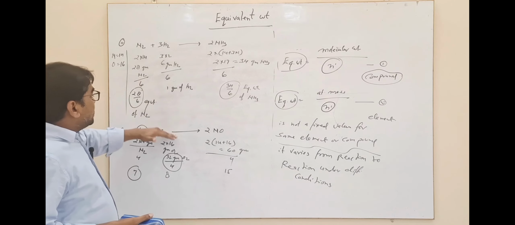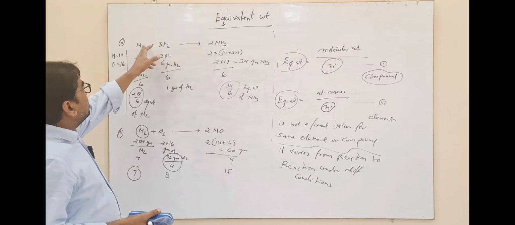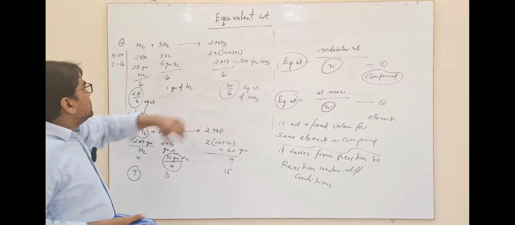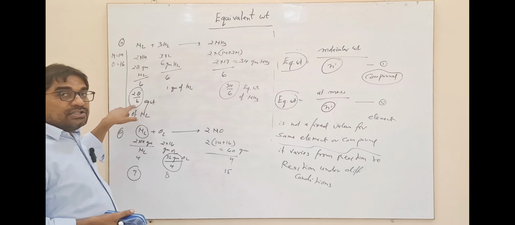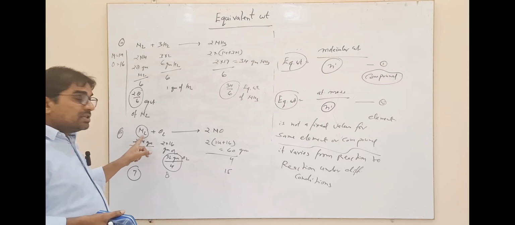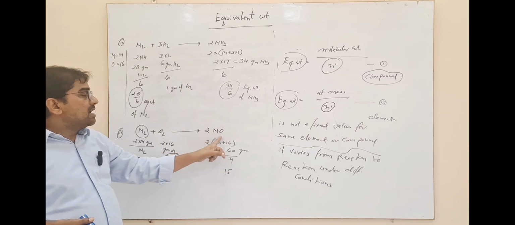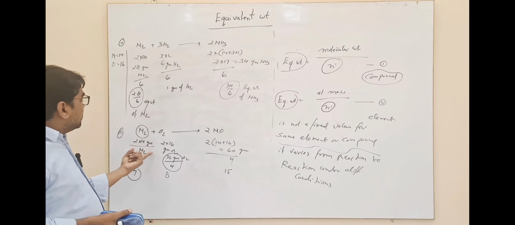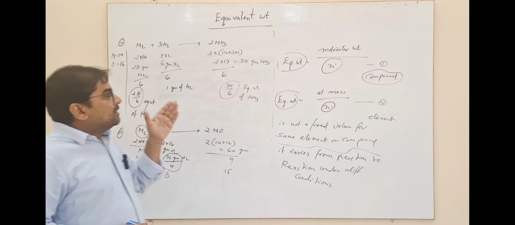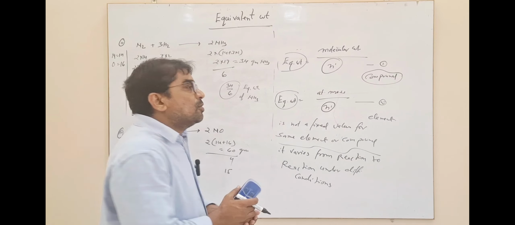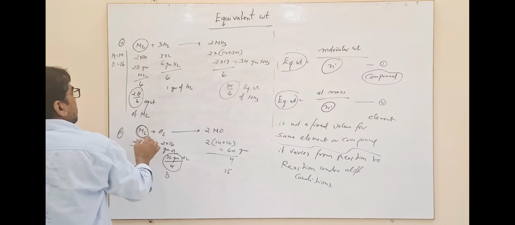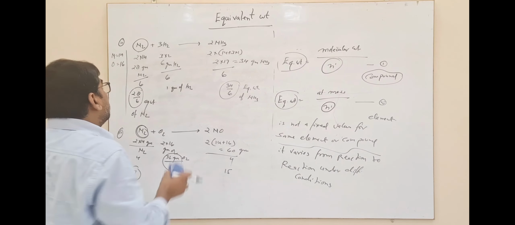When nitrogen combines with hydrogen to give ammonia, its equivalent weight is 28 by 6. When nitrogen combines with oxygen to give nitric oxide, its equivalent weight changes and becomes 7. So equivalent weight is not a fixed property; it is related to the molecule or compound, here dinitrogen.